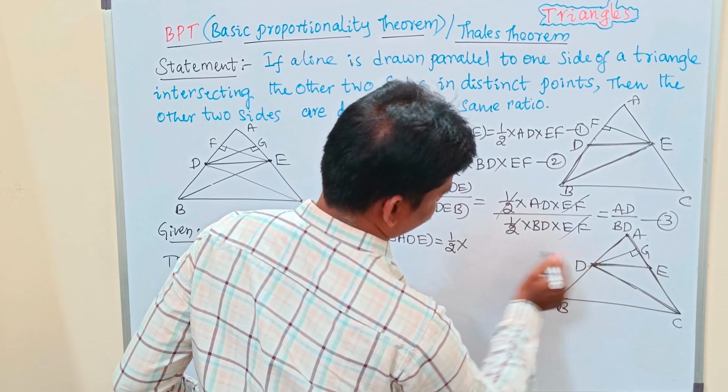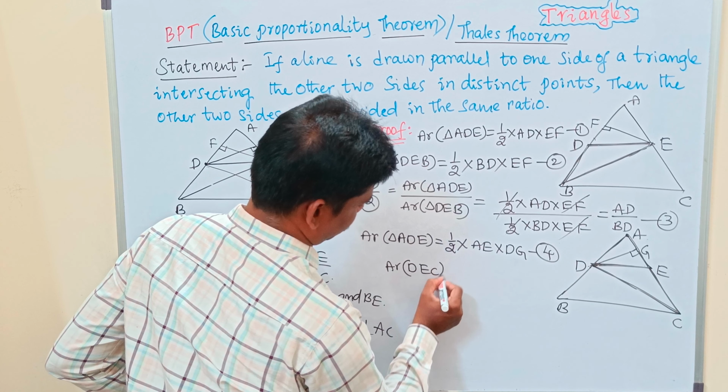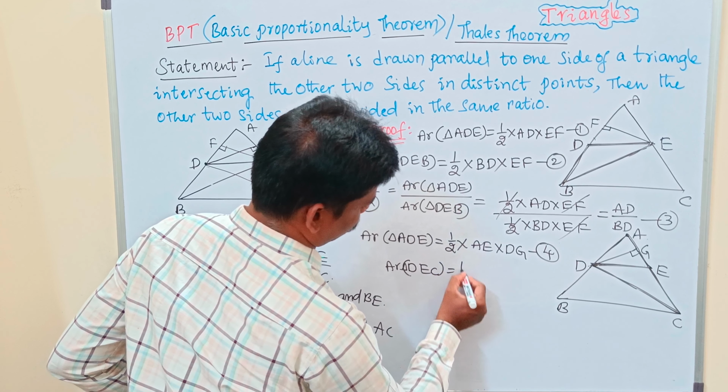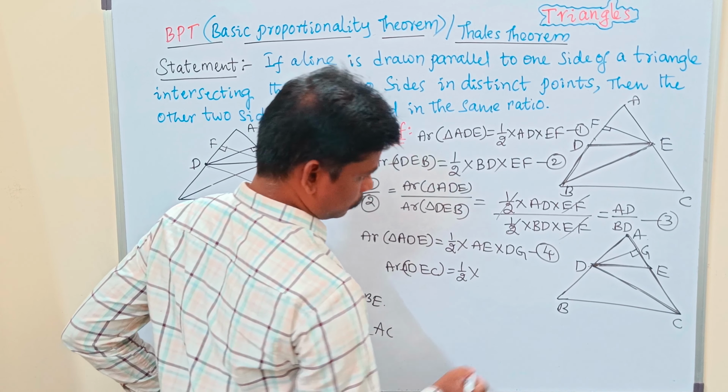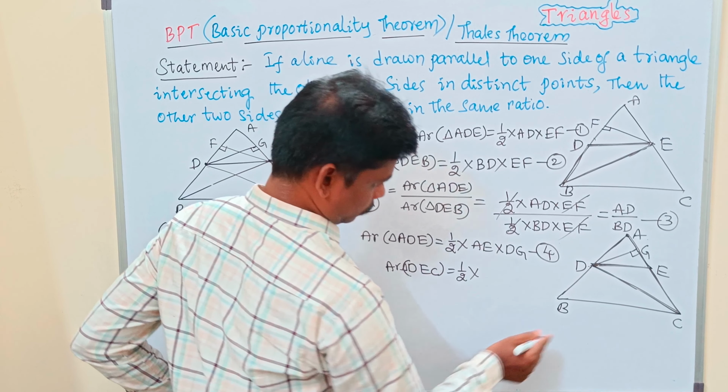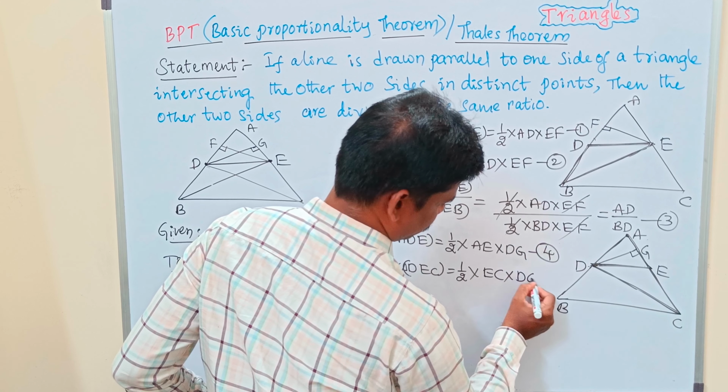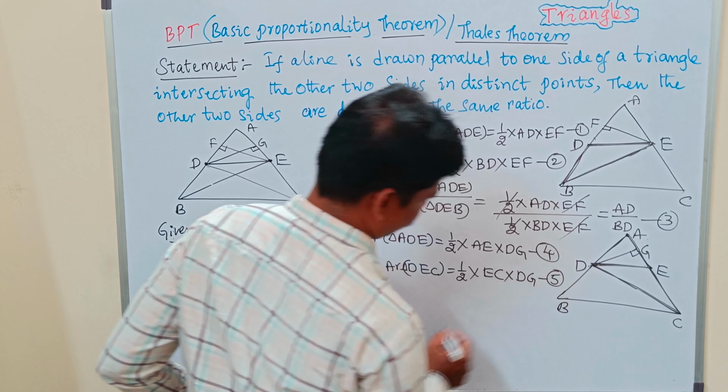And next, area of triangle DEC is equal to half into, here the base is EC into, here DC is outside, so you have to take the perpendicular distance as the height. So DZ. So this is equation 5.